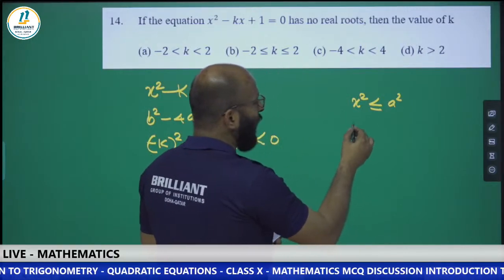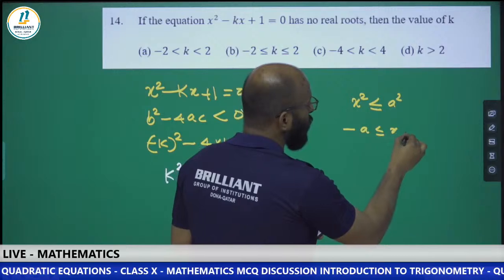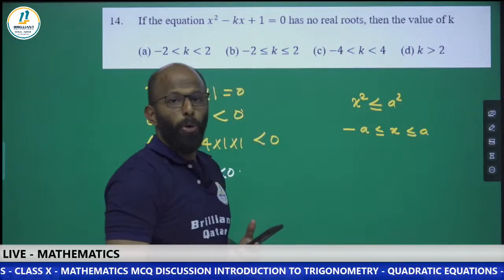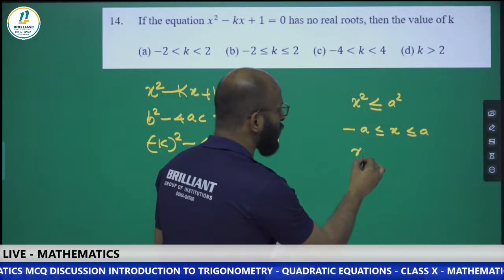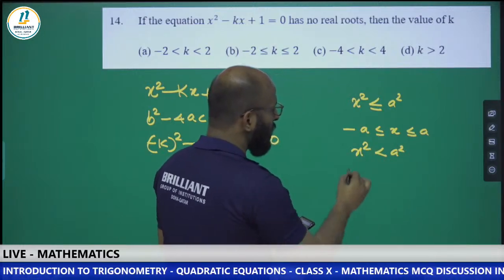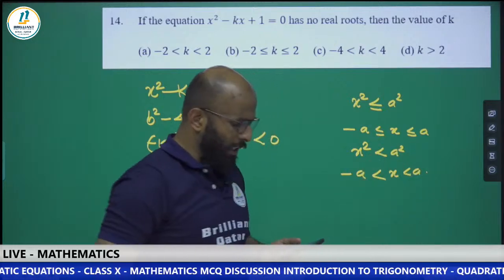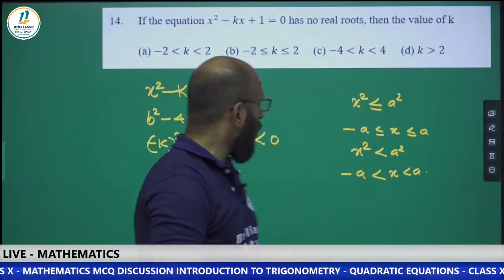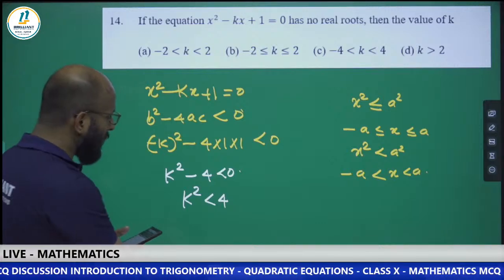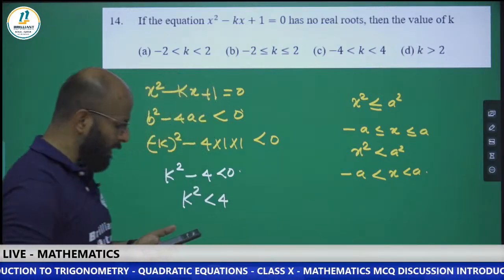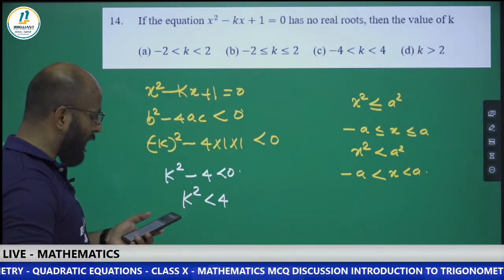Remember, the value of x varies from minus a to positive a. If it is strictly less than, x square less than a square, then x varies from minus a to a, that is, minus a less than x less than a. So from this you can easily say that the correct answer is option A.